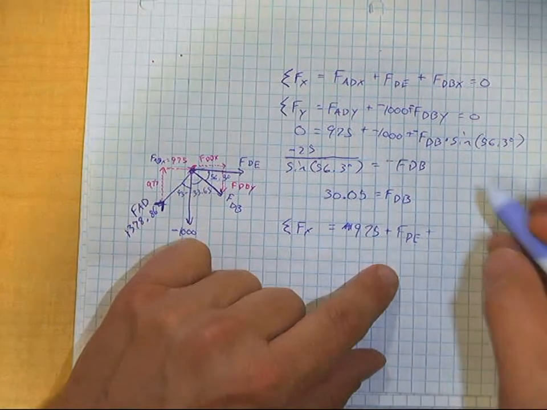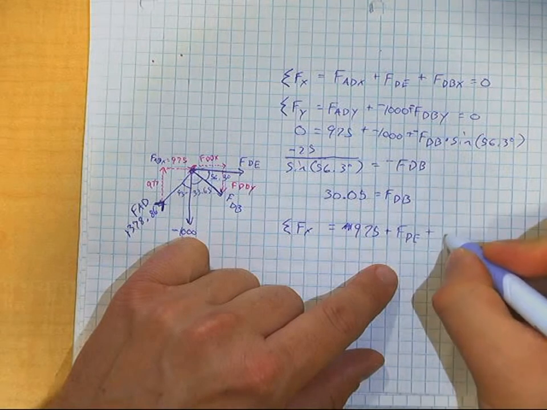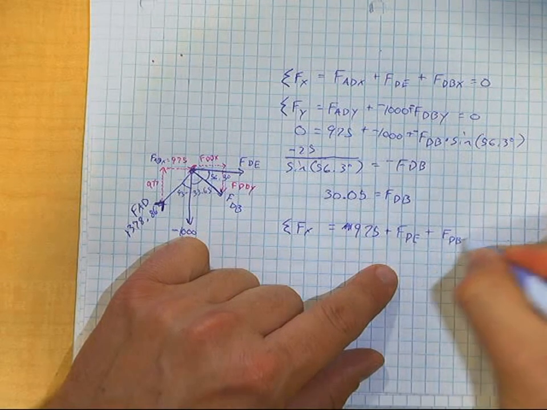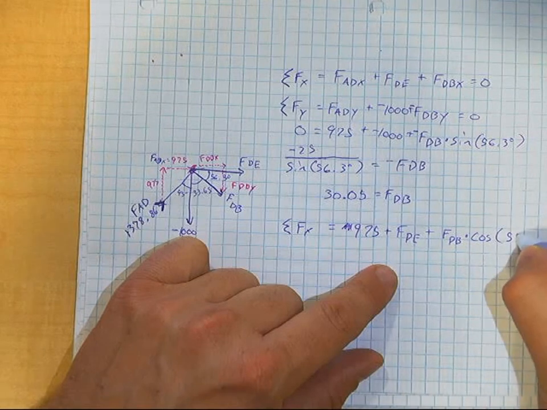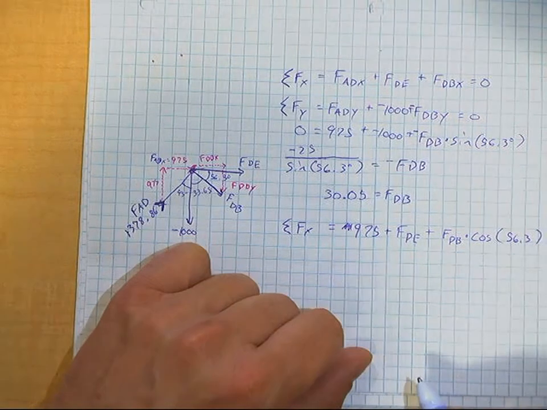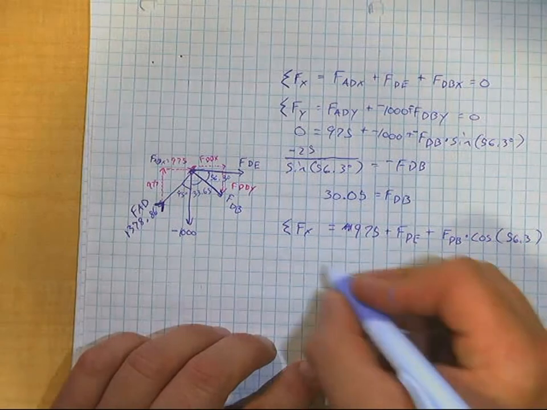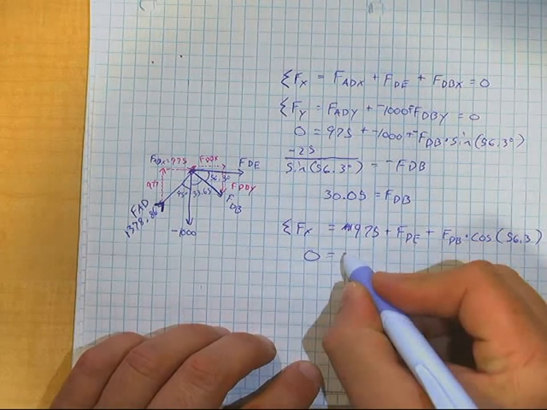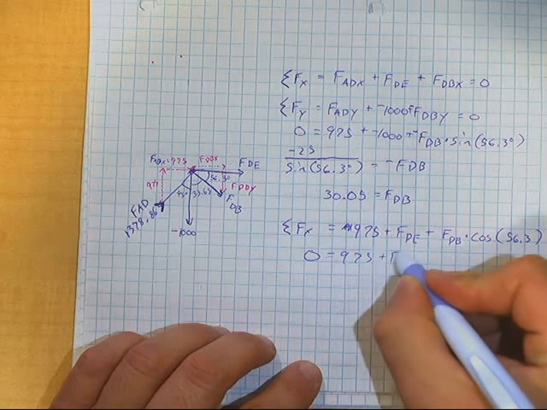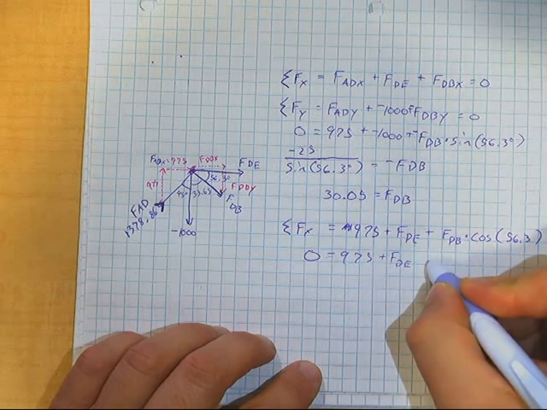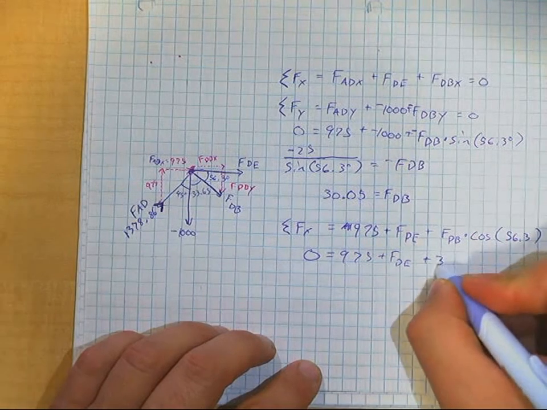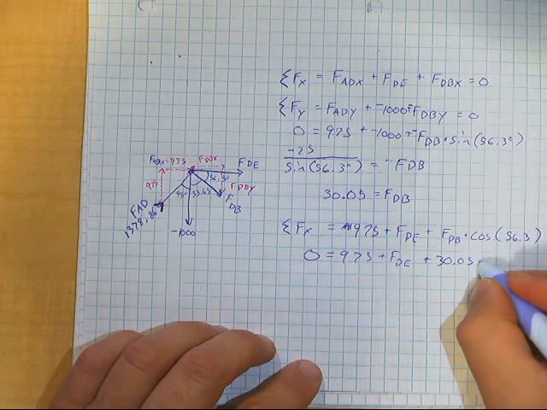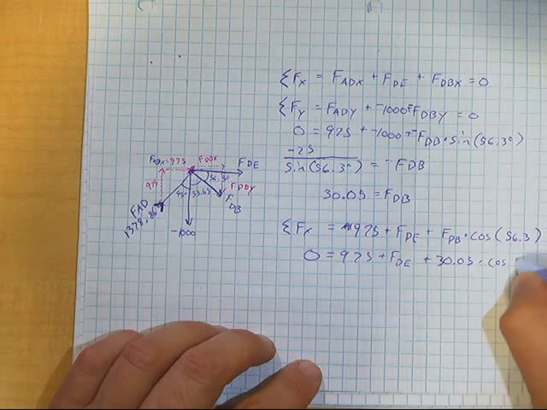To get FDBX, we take FDB multiplied by the cosine of theta, which in this case is 56.3. So when we solve that out, it's 0 equals 975 plus FDE plus FDB times cosine, so 30.05 times the cosine of 56.3.